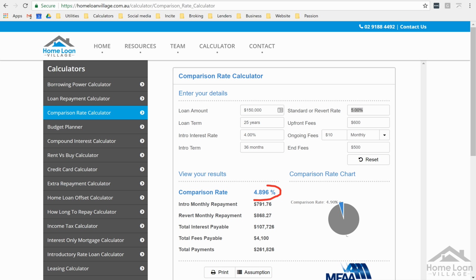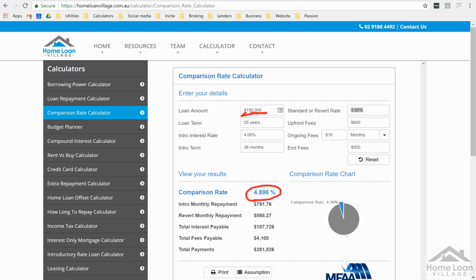Right, now, one thing that I do want to talk about, and so we've got the comparison rate, as you can see down there, is comparison rate when you're looking at fixed rates and how difficult it actually is to use comparison rates with fixed rates. I mean, comparison rates in general have some faults. Obviously, they're looking at loan amounts of this size. If your loan's $1 million, then this comparison rate might be very different.